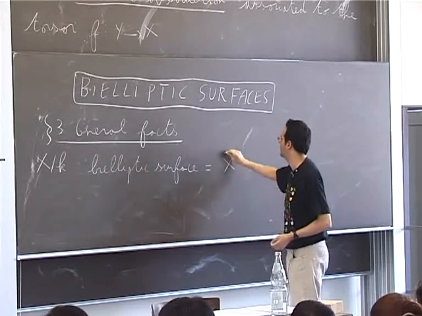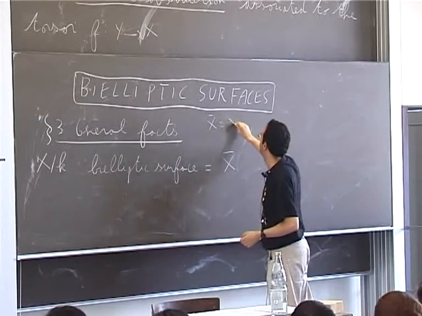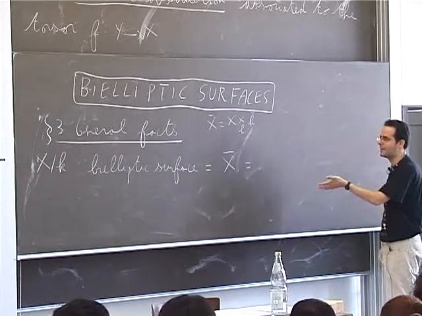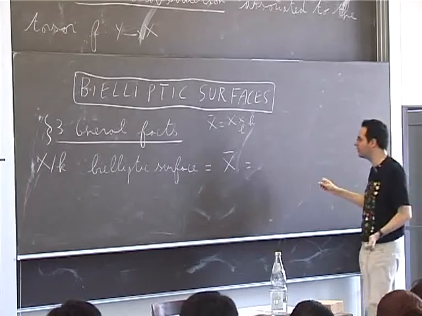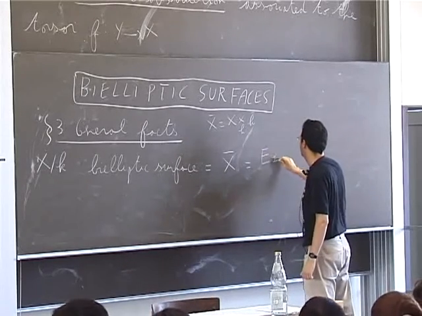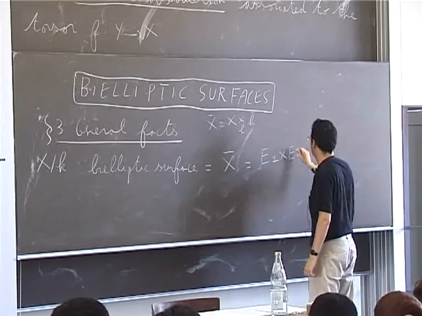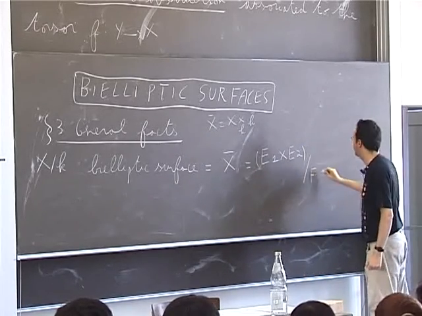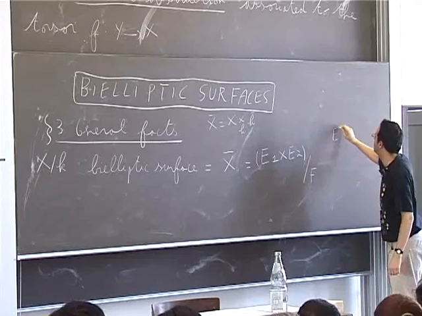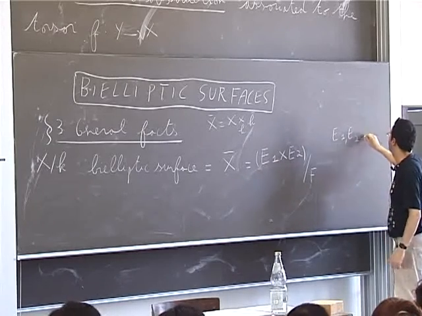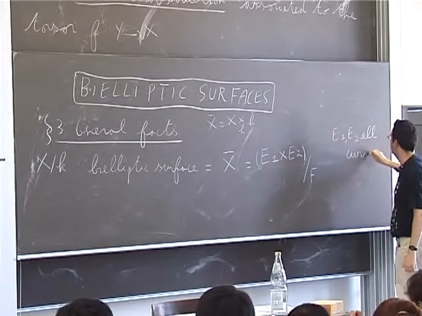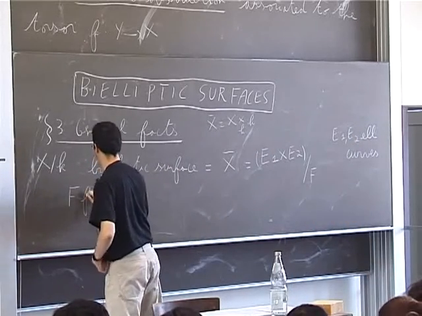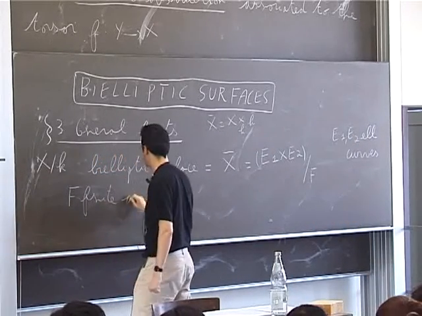If I take X bar, X over K bar, so geometrically, X is an étale quotient of the product of two elliptic curves, so E1 × E2 modulo a finite group F. So E1 and E2 are elliptic curves, and F is a finite group acting freely. So it's an étale quotient.